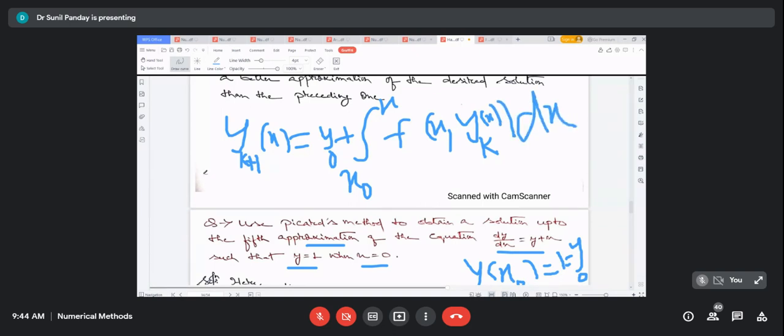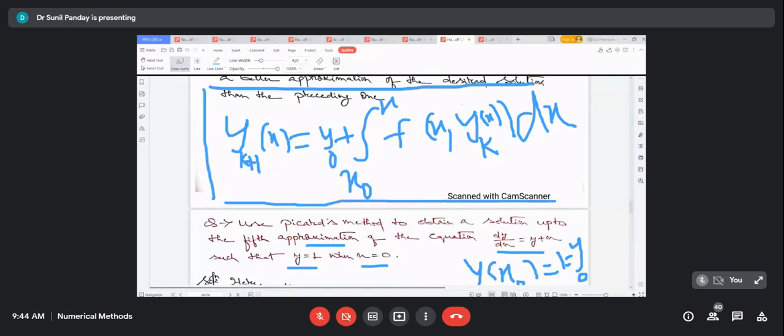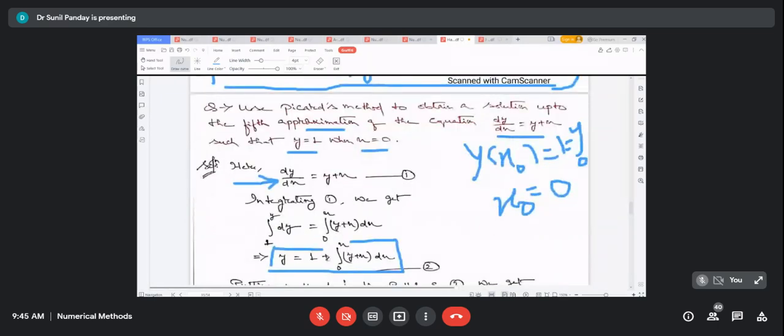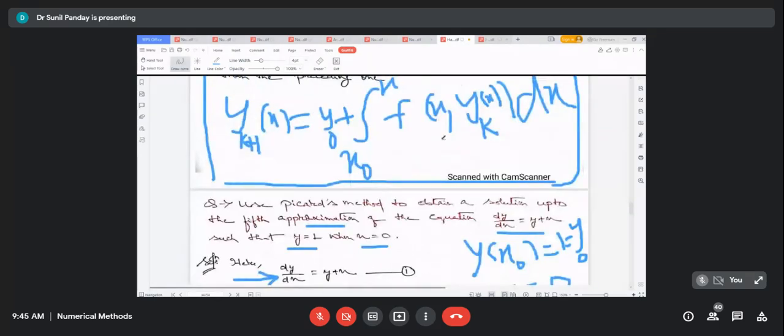Actually, this is the general formula we remember for Picard's iteration method. So we are not going to integrate each and every equation and try to get this form every time. We just remember this and identify what is f, what is y naught, what is x naught, and substitute the values.